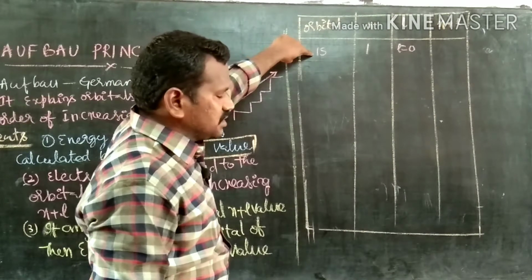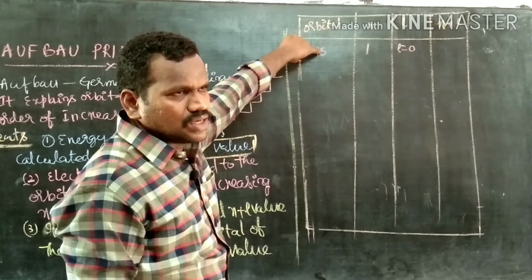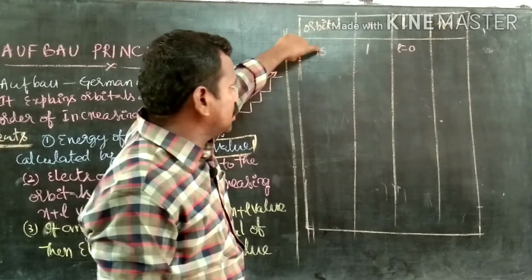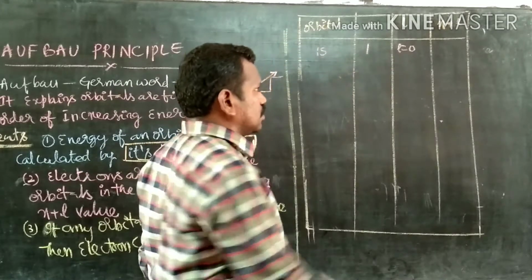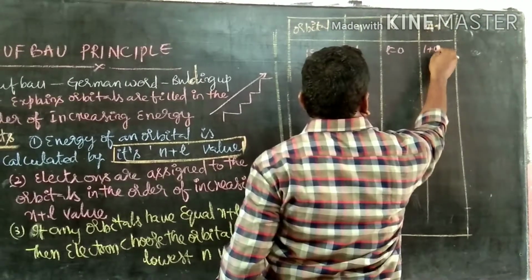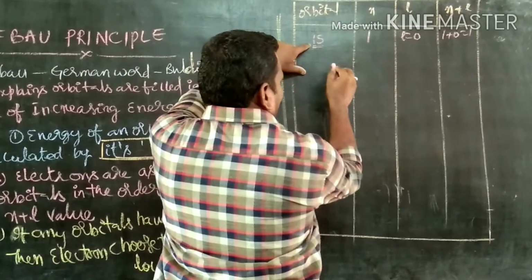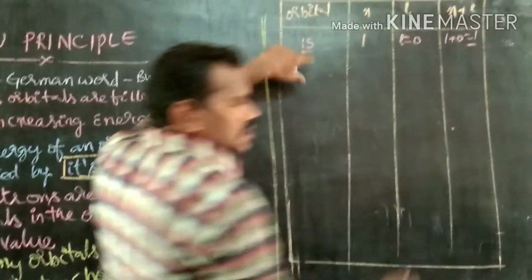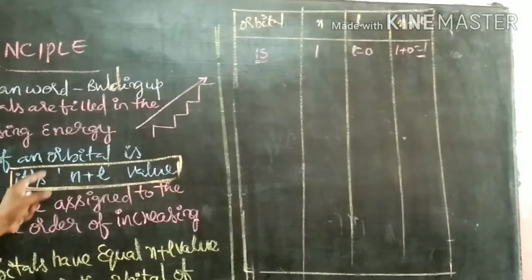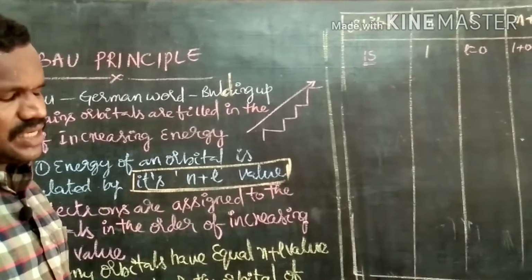Here 1 is the principal quantum number, and s sublevel is the angular momentum quantum number. Next, n plus l, that is 1 plus 0, equal to 1. That means energy of the 1s orbital is 1 quanta.